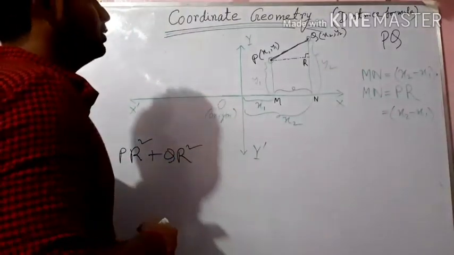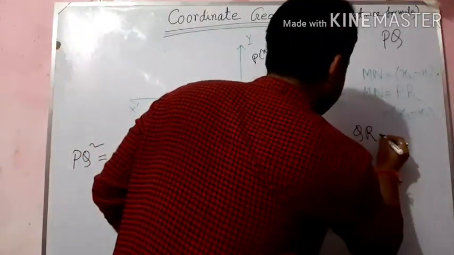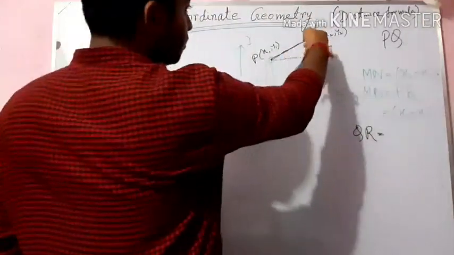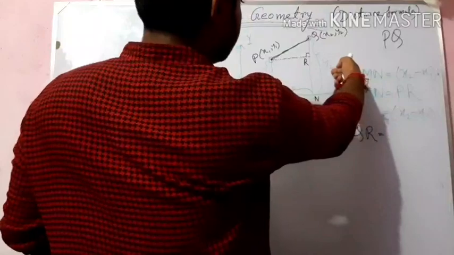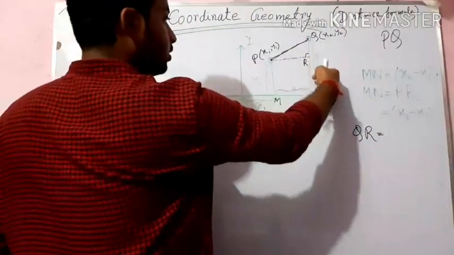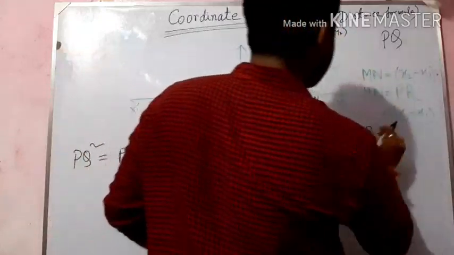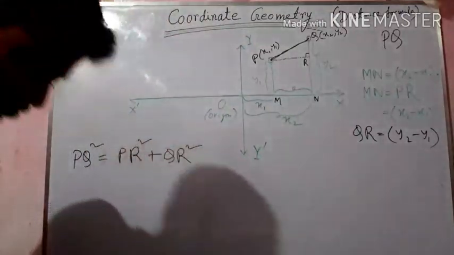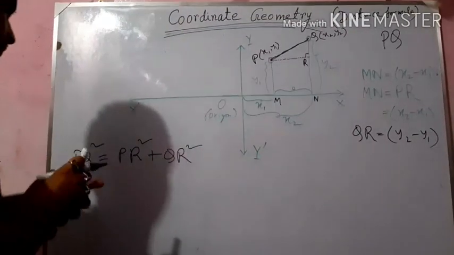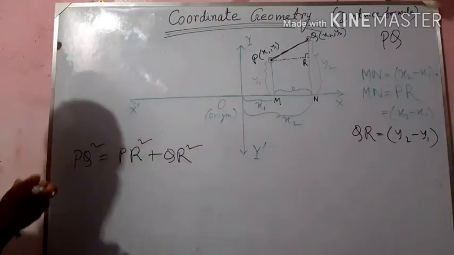Similarly, see what is the value of QR. The total length of the line QN is y2, right? And this portion RN is actually y1, right? So the length of QR will be y2 minus y1. Okay, so we got the value of PR and QR, right? Now we just have to put here the values.